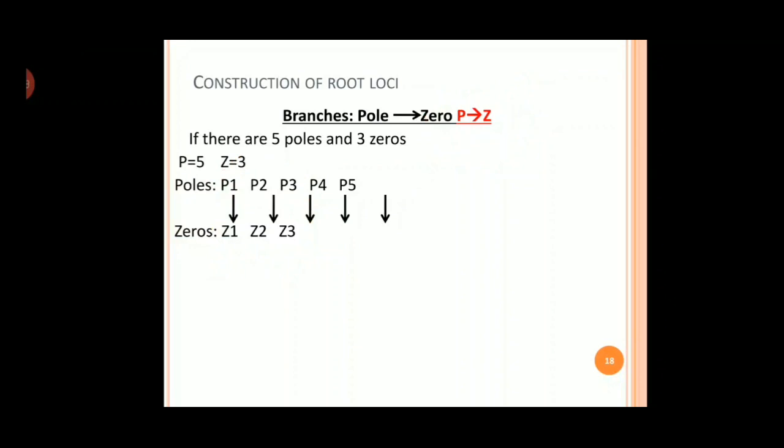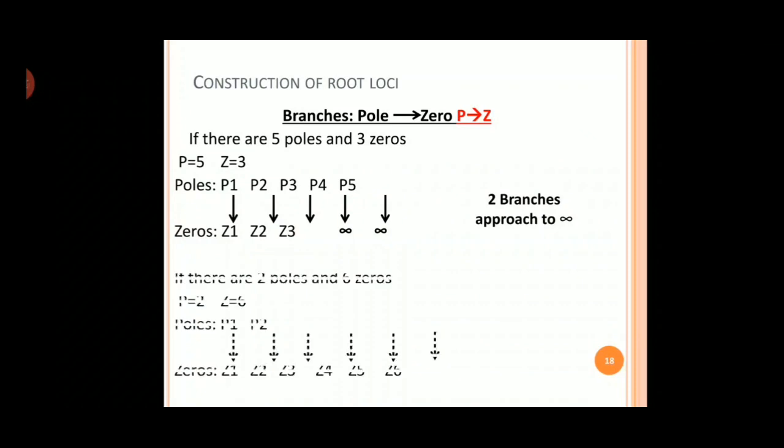Now what I do is fill this up with infinity. So this means out of 5 branches, 3 branches will start from poles and terminate at zeros, and the remaining 2 branches will start from poles and approach infinity.